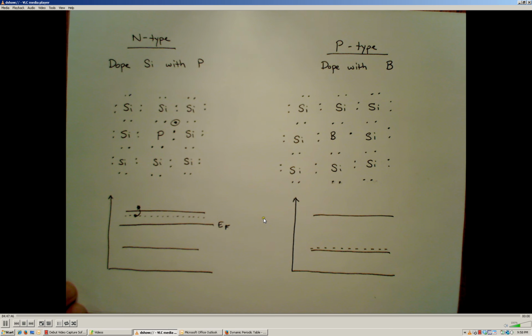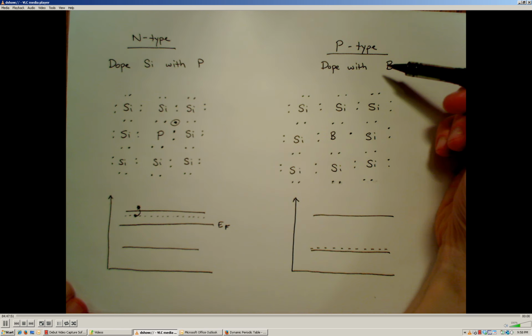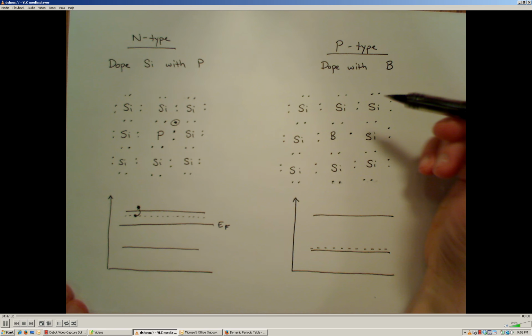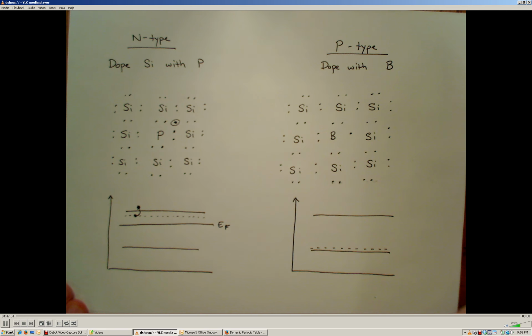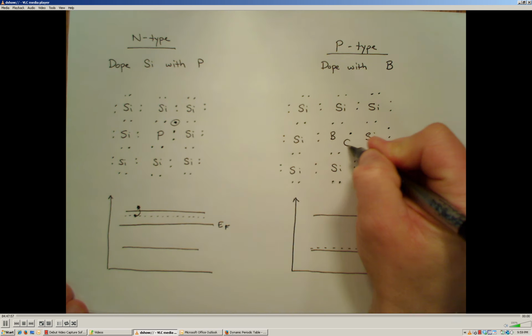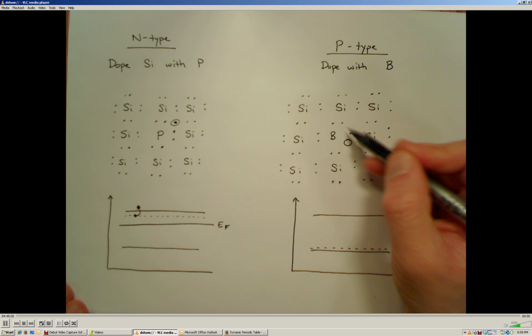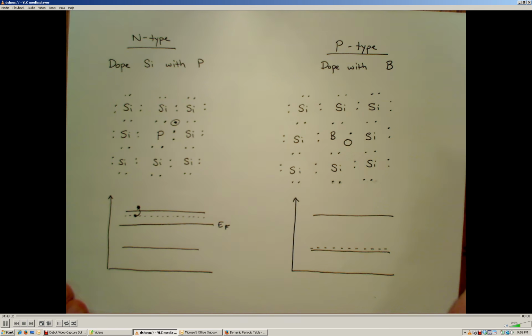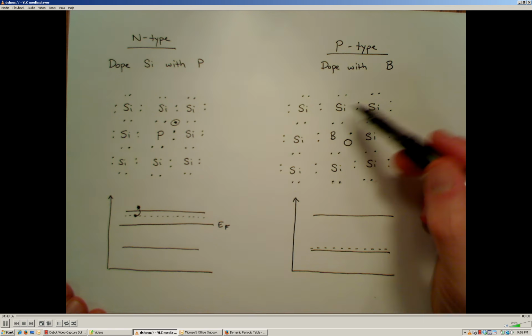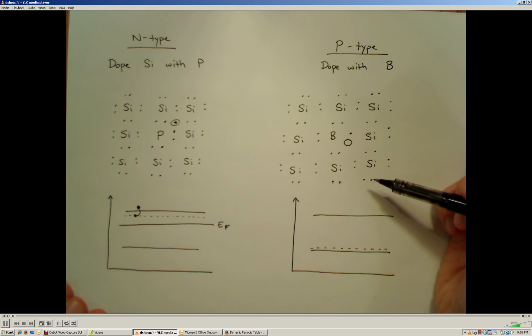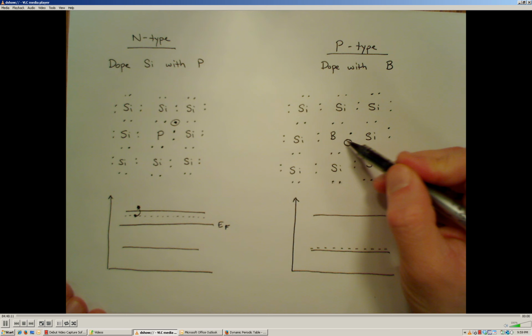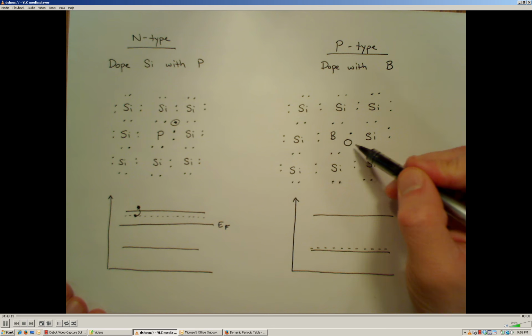So now if we come back here and look at what will happen with boron, if we add boron impurities into the lattice, there's going to be a region around that boron atom where there's an absence of an electron. Again, the net charge on this material is neutral because boron has one fewer proton and one fewer electron.